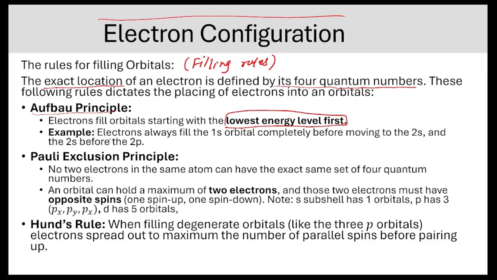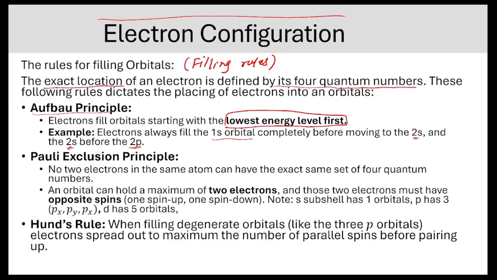Let's look at an example. Electrons always fill the 1s orbital completely before moving to 2s, and 2s before moving to 2p, and so on. First it will completely fill this and then move to other energy levels, other orbitals.